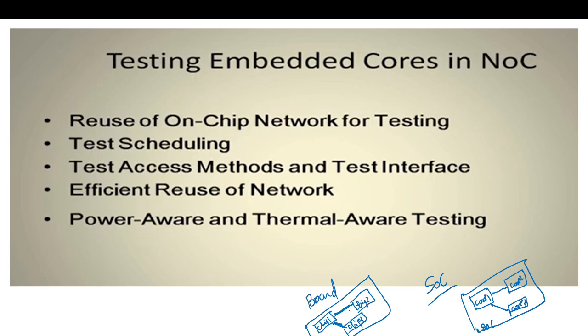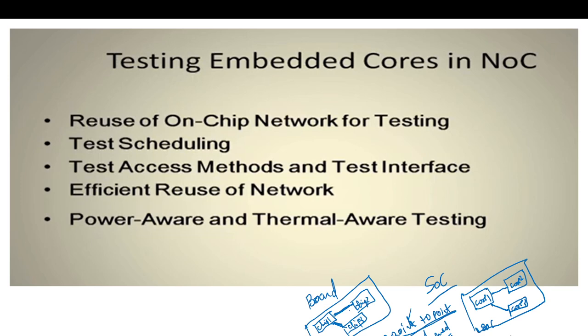Now, if we have multiple cores, then we can either have point to point connections, which will need so much routing, or can we have a shared bus architecture? This was our next architecture. If we have a shared bus, we can't go on adding cores to it, as it will degrade the performance of the bus.